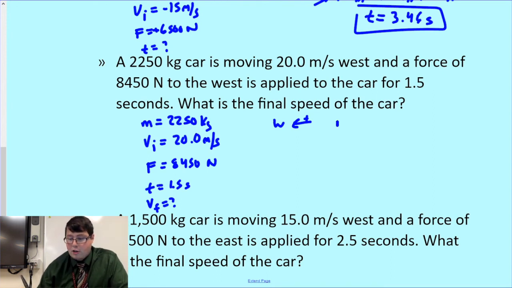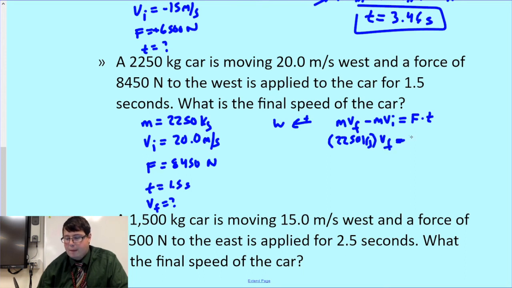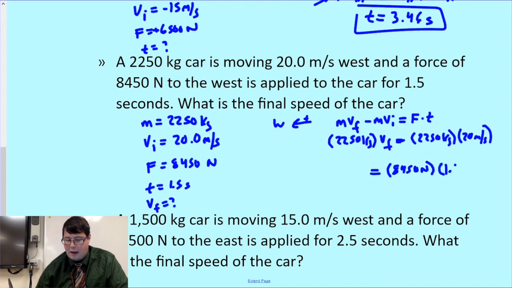I can use the same equation, set it up, mvf minus mvi equals F times t. Plugging in my numbers here, 2,250 kilograms times VF, minus 2,250 kilograms times VI, which is 20 meters per second. That's going to have to equal my force times my time, which is 8,450 newtons times the time of 1.5 seconds.